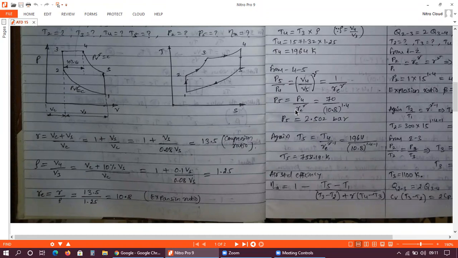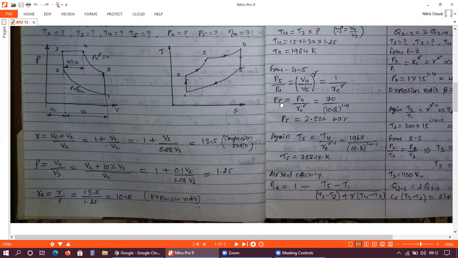And the last process, that is from 4 to 5. P5 by P4 is equal to V4 by V5 raised to gamma. So this is equal to 1 divided by re raised to gamma, where re is the expansion ratio, that is V5 by V4. Please go through this part, it is very important.